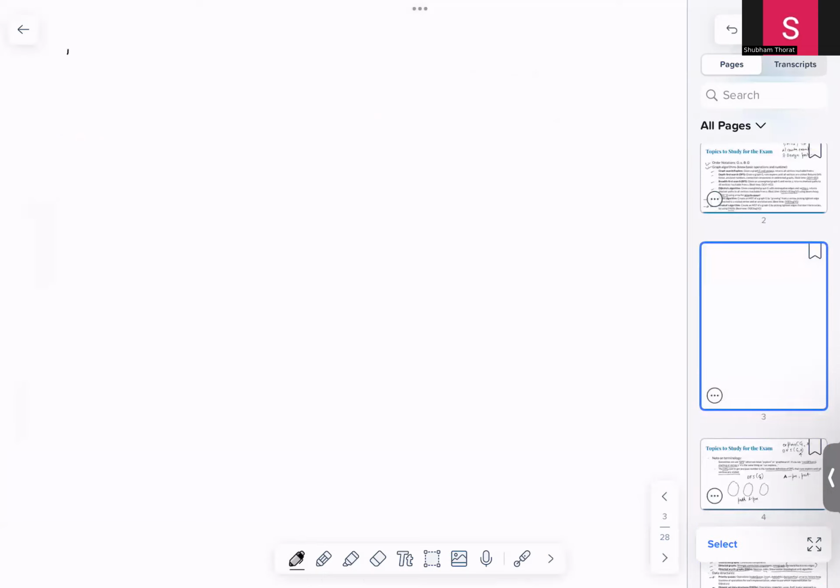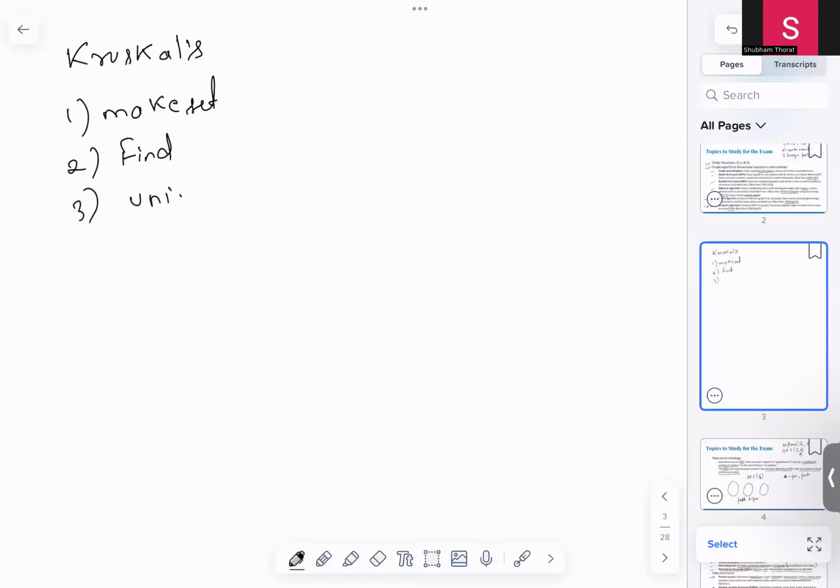So if you look at Kruskal's, we have 3 operations that we're interested in. First one is make set. Second one is find. And third one is union. So this is pretty straightforward, I won't go into detail for this one. You are just trying to initialize the data structures.